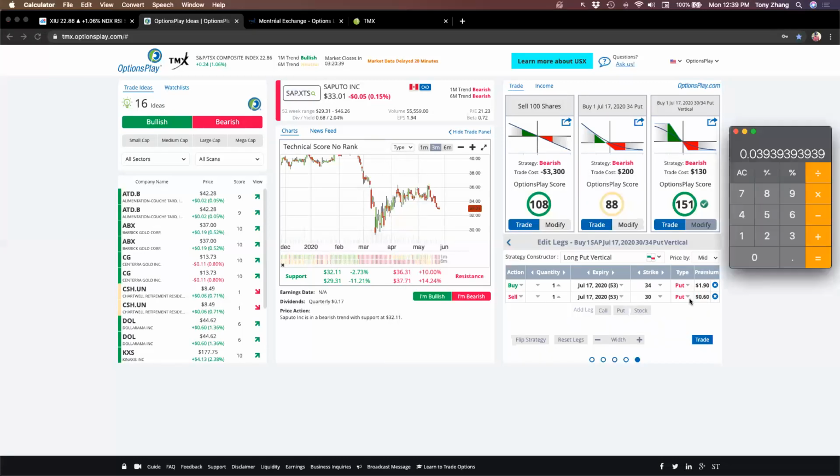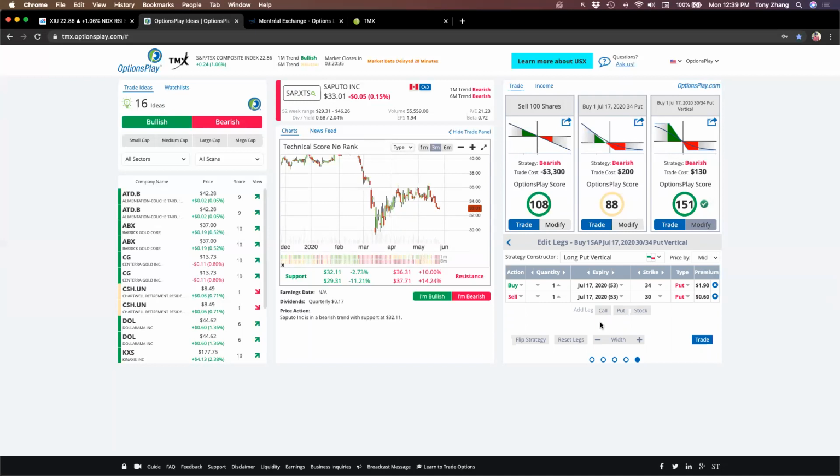You're only risking less than 4% of the underlying stock price to take a bearish view on SAP. This way, if some good news comes out and this trade turns out wrong, you're only risking 4% of the underlying stock price to take that bet. So that's how I think I would play SAP here.